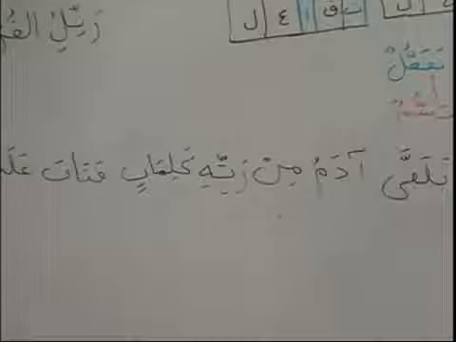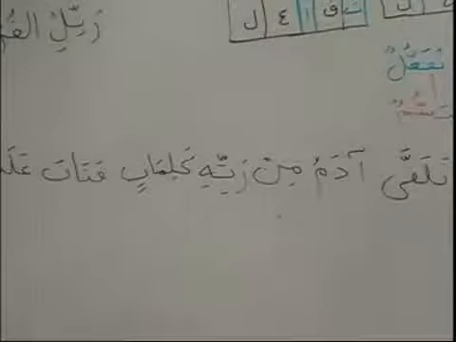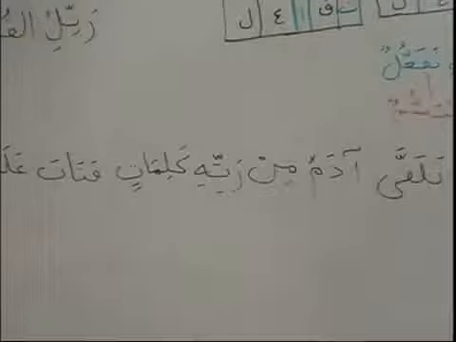MashaAllah. Brother, you don't know how happy I become when you answer so beautifully and correctly. Kalimatin is mafulun bihi, mansubun bil kasra, li'annahu jama muannas salim. You will say this.